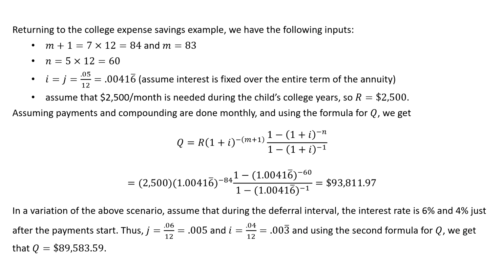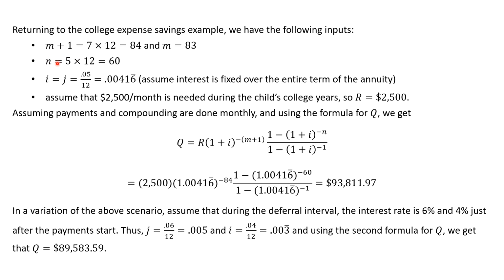So let's solve our college example, given now that we have the equation for the solution. M+1 is 7 years times 12 months, so 84, which means that M is 83.